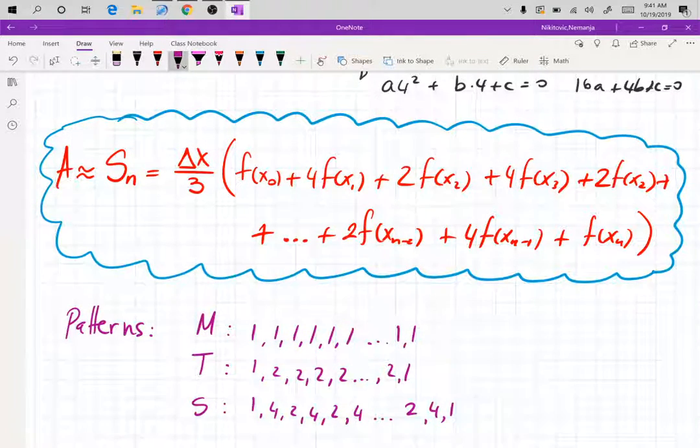It's a quadratic problem, so therefore it has to give you the exact answer, which is really cool. Have at least 4 points for Simpson's rule. Yes. So 4, 4, 6, 8, yes.